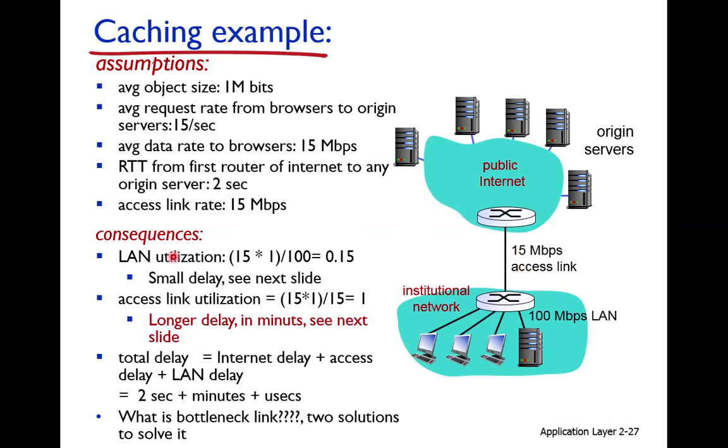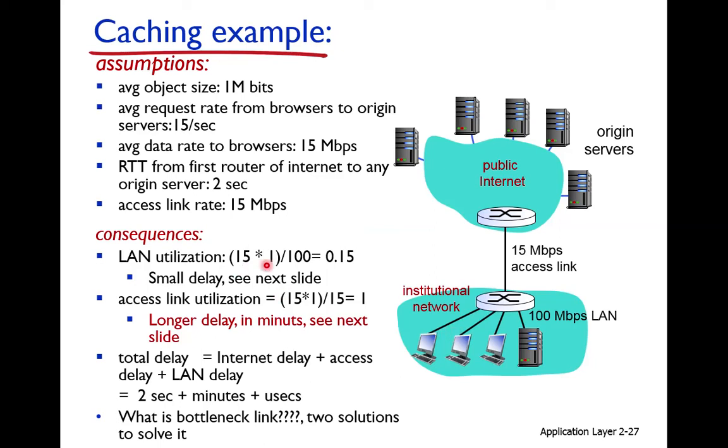Okay, so let's discuss what the LAN utilization is. From this LAN there are 15 requests per second. In each request, suppose the HTTP request message is a small size, 1 bit or 1 byte, suppose.